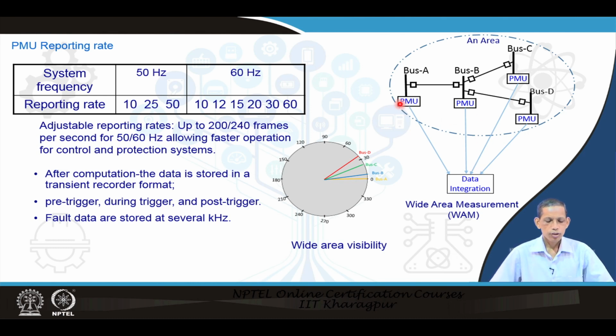Now, for the applications of such synchronized data obtained from the PMU with time information, the reporting rates at which the PMU sends these phasors with time tag, for a 50 hertz system, as per the applications available in the power system, are 10, 25, 50 frames per second, and for 60 hertz systems 10, 12, 15, 20, 30, 60 frames per second.